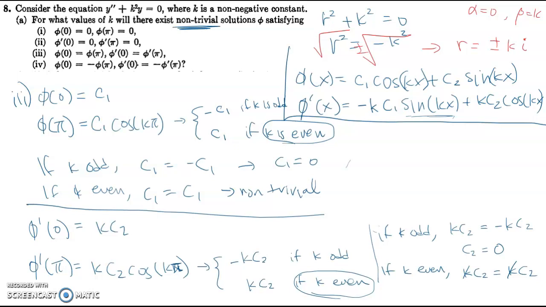A mathematical way of saying that would be k equals 2n, where n can take on 0, 1, 2, all of those values, or you can just say that k should be even.